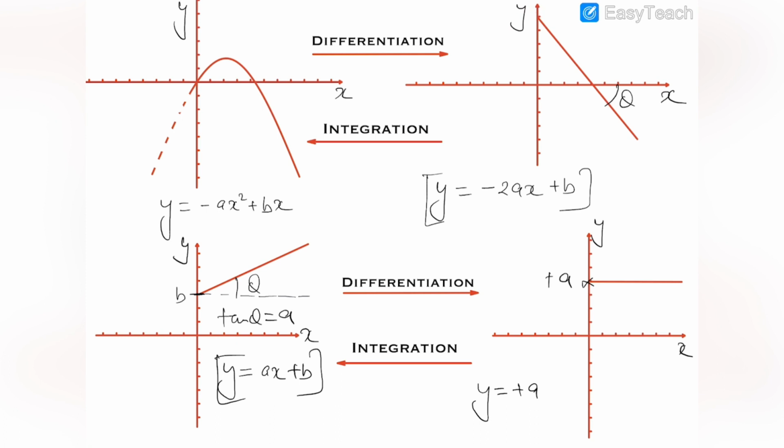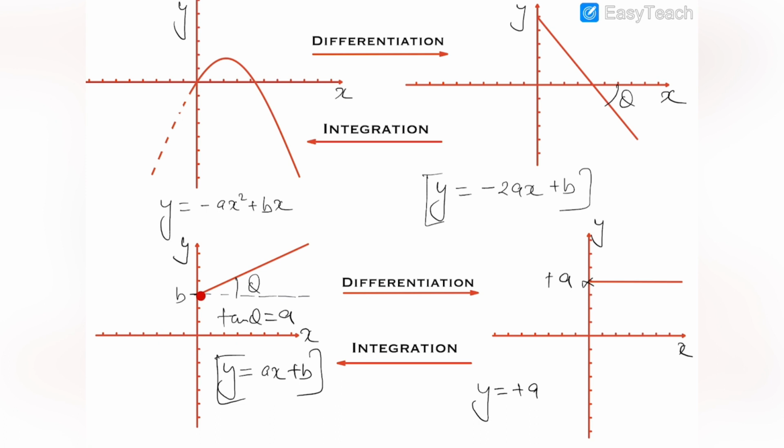Now if there is a straight line which is starting from b and it is going in the upward direction, then its equation is this. And if you differentiate this straight line, then you would get a positive constant. So if we find the derivative of a straight line going up, we would get a positive constant.